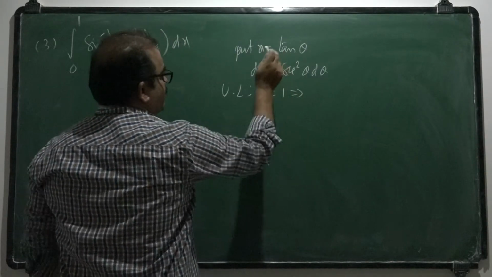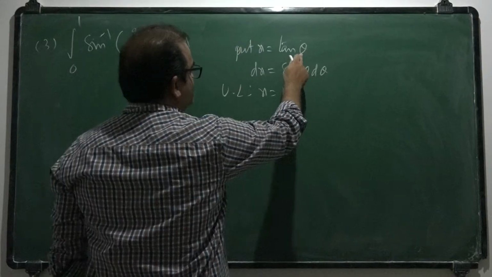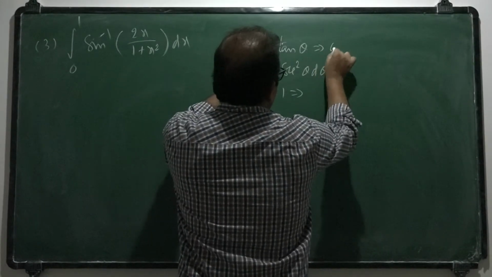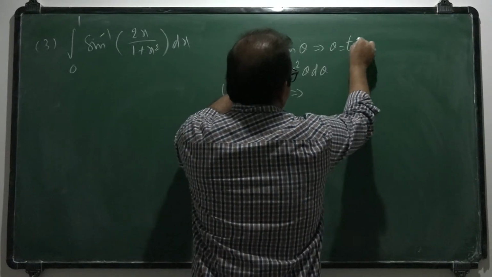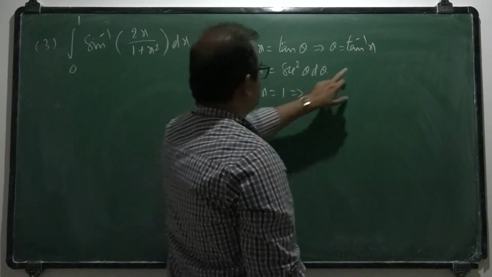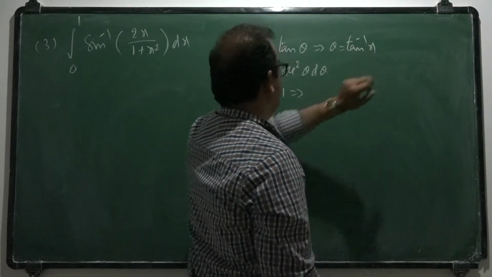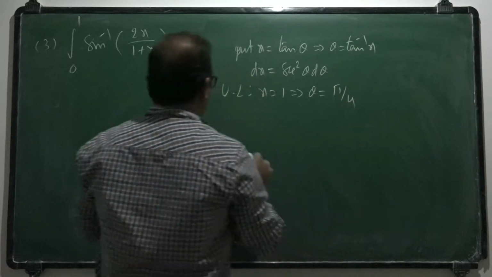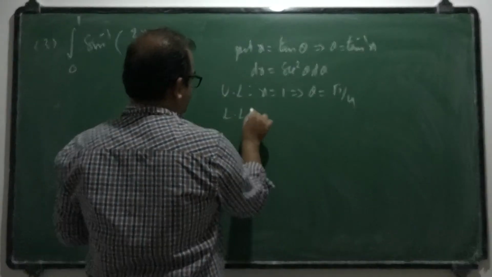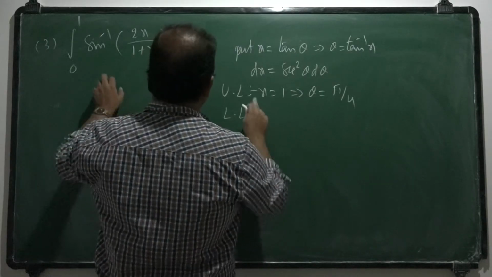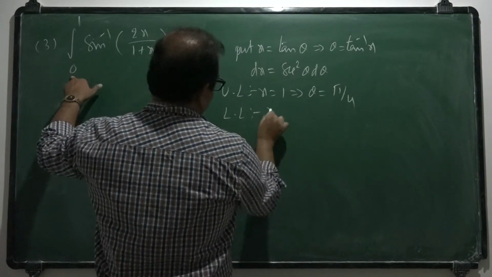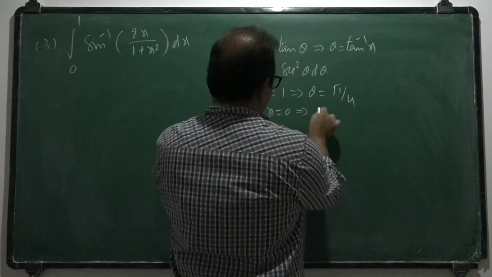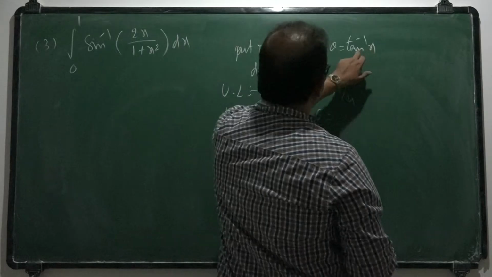When x is equal to 1, then what is the theta value? If x is equal to tan theta, then theta is equal to tan inverse x. When x is equal to 1, theta is equal to tan inverse 1, which is pi by 4. Now the lower limit: x is equal to 0. When x is equal to 0, theta is tan inverse 0, that is 0.